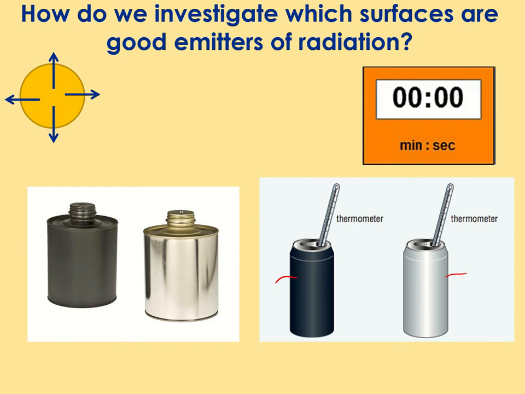What you then need to do is fill them both with water that's the same temperature and leave them for the same amount of time and observe the fall in temperature. So what would that look like in terms of a set of results?